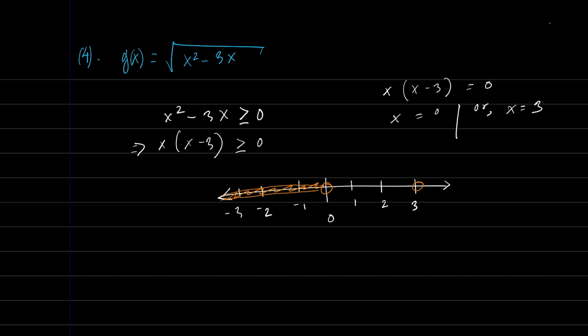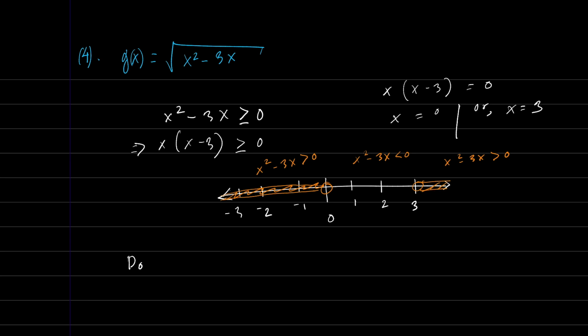So this portion gives x square minus 3x less than 0, and the portion beyond 3 gives x square minus 3x greater than 0. So this region also is allowed.